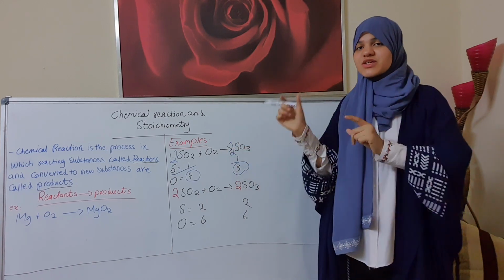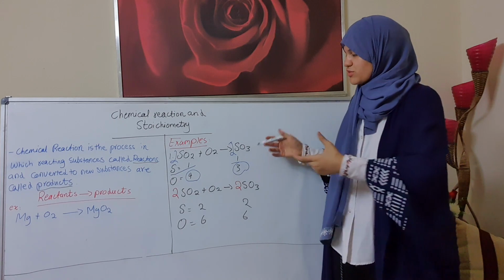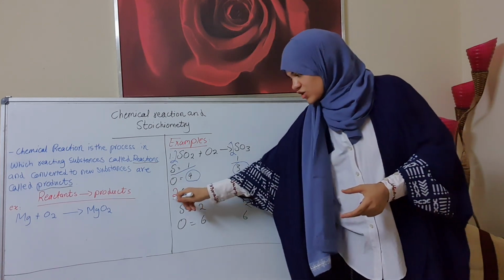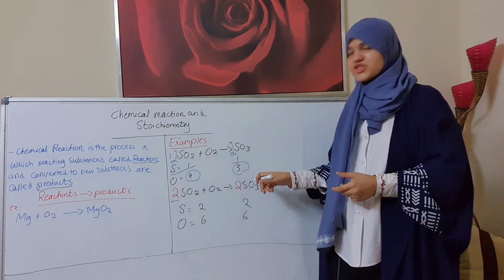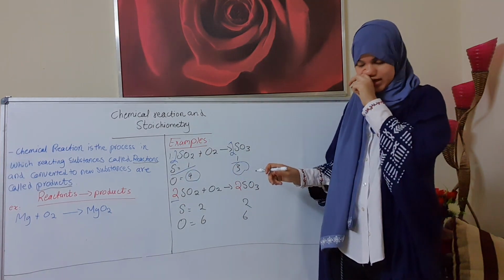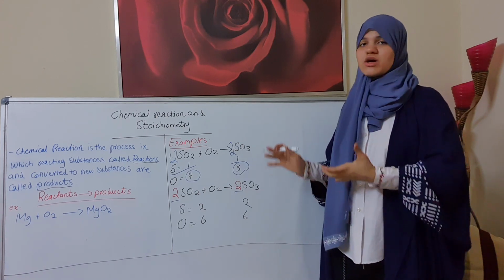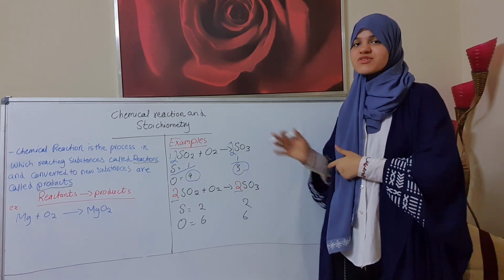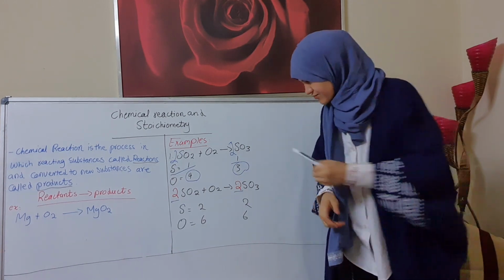So 2 times 3 will give us 6 oxygen. So that means it will be balanced if we put the coefficient of sulfur dioxide 2 and the coefficient of sulfur trioxide 2. So that was the first example of chemical equations. Now let us go for the second example.